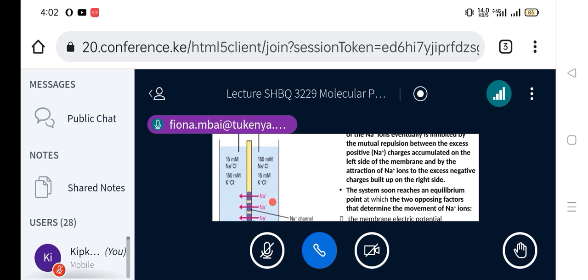However, if you have continued right to left movement, the movement of sodium ions is eventually inhibited by the mutual repulsion between the excess positive charges which have been accumulated on the cytosolic side of the membrane, by the attraction of sodium ions to the excess negative charge in here.